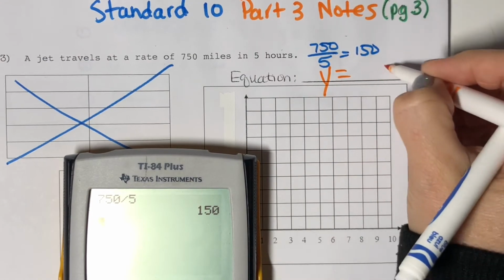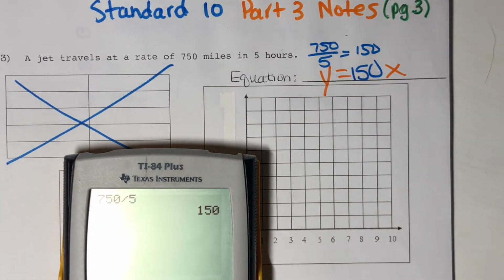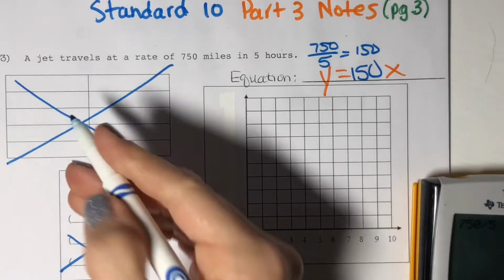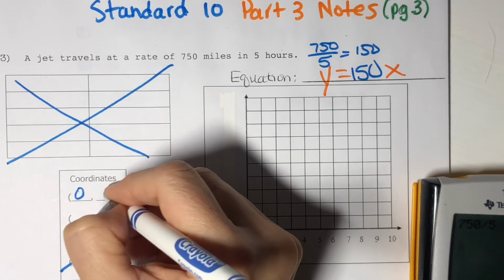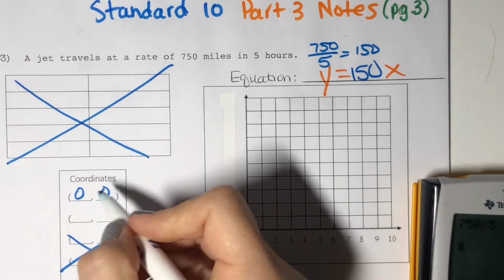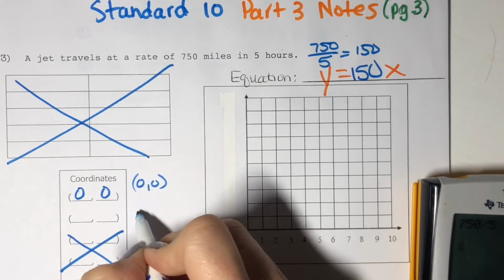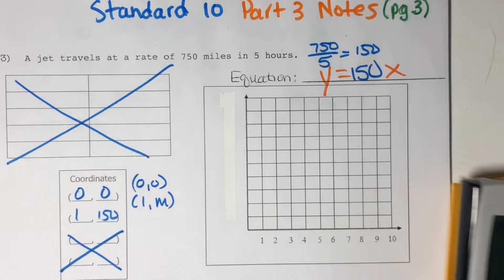Y is equal to 150 miles per hour. That's all I need, which means I know that if no time has gone by, I haven't moved, and then I'm going to use the 0 and the 1 comma m, and in this case that's 1 comma 150.